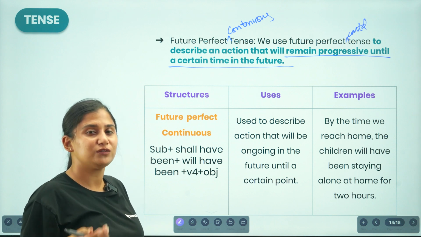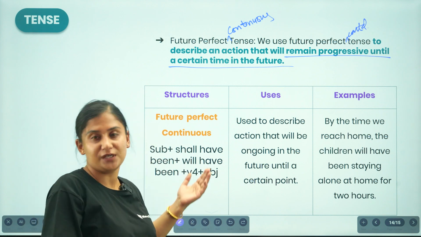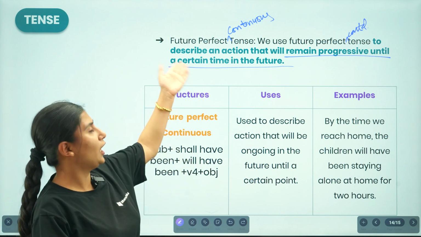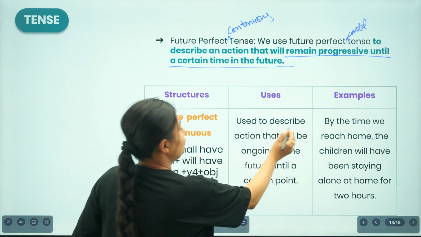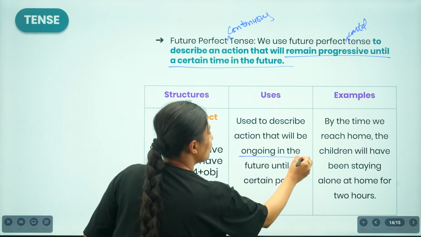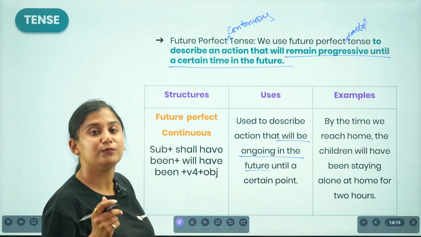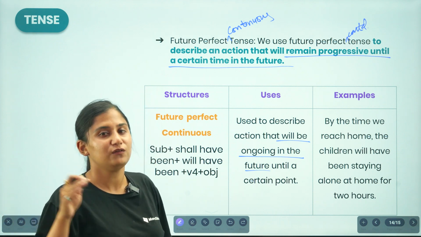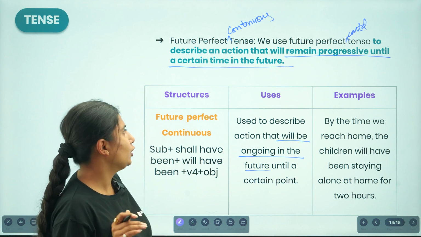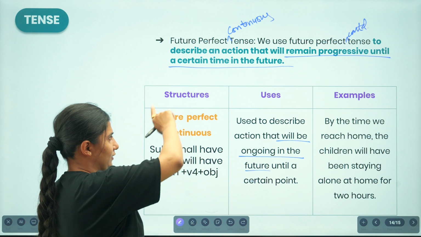Whenever we are to talk about something that will remain in a progressive form until a certain time in the future, we use this particular idea, that is future perfect continuous tense. So it is used to describe an action that will be ongoing in the future until a certain period of time.